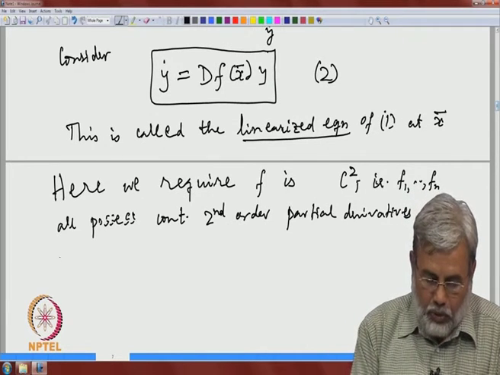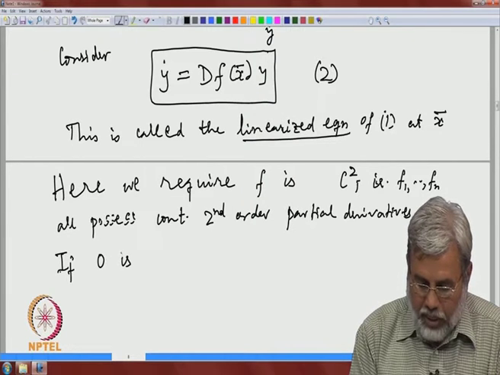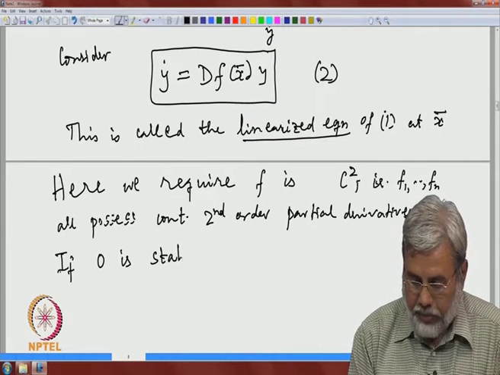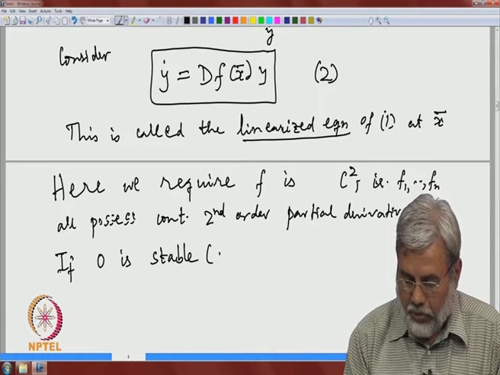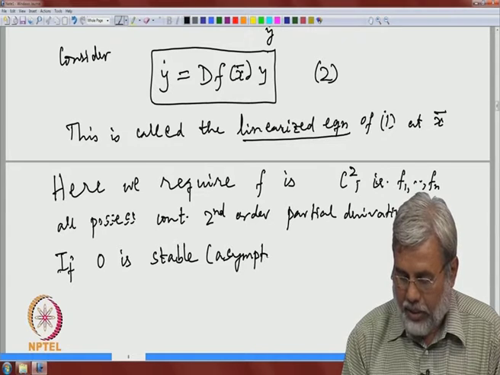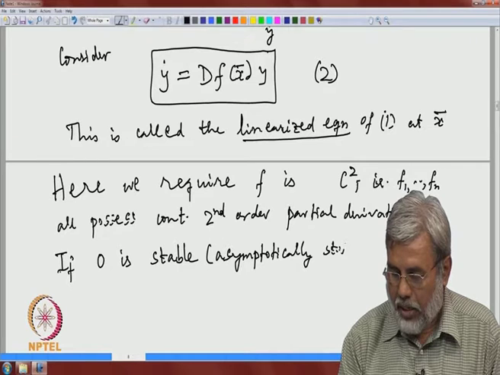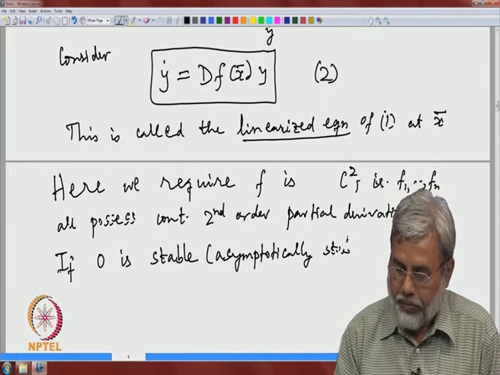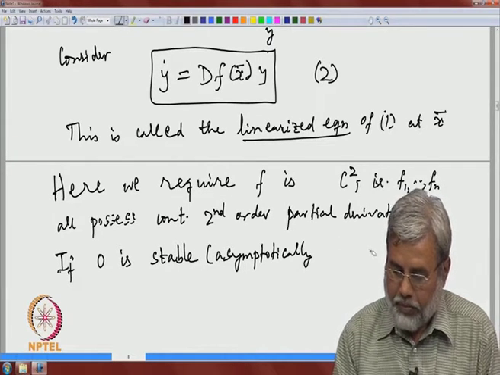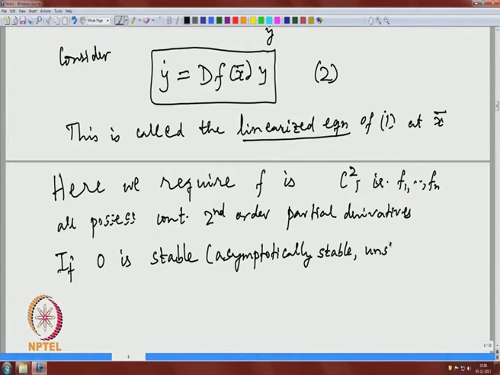So, if 0 is stable, asymptotically stable, this is definition, stable, unstable for 2.